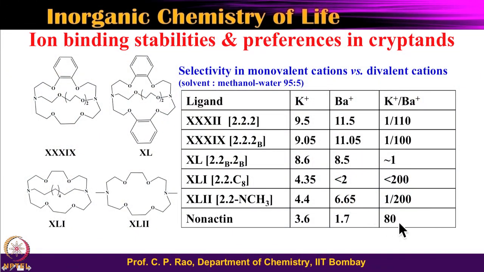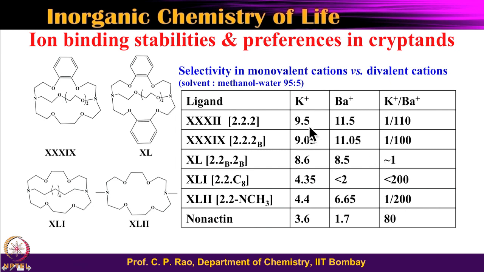Take an example, nonactin. For potassium 3.6, barium 1.7 and the ratio is 80. So therefore this can take mainly monovalent potassium but not the barium ion in this case.